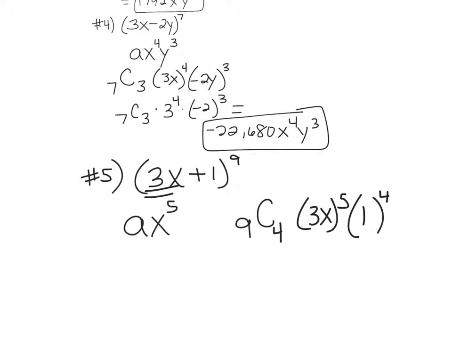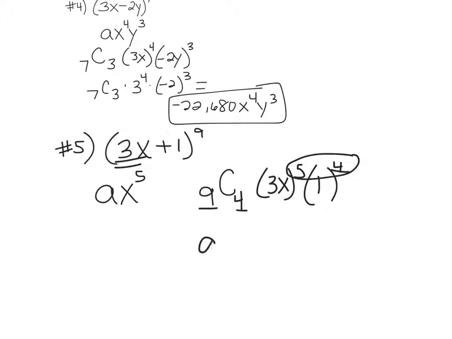There's no variable at the end. So people get kind of confused because they're like, there's no y. What is that? Is it to the 0? No. 1 has been raised to the 4th power. Remember, these have to add up to 9, and this number goes with that number. Okay, so then on your calculator, you would do 9c4 times 3 to the 5th, and then 1 to the 4th is just 1, so you don't even need to worry about that.